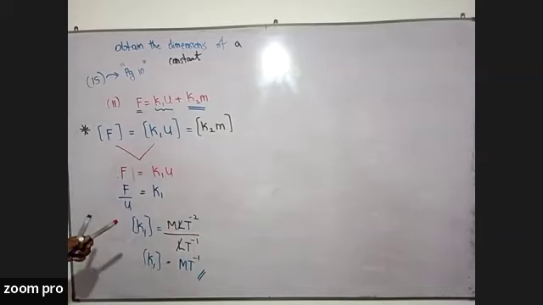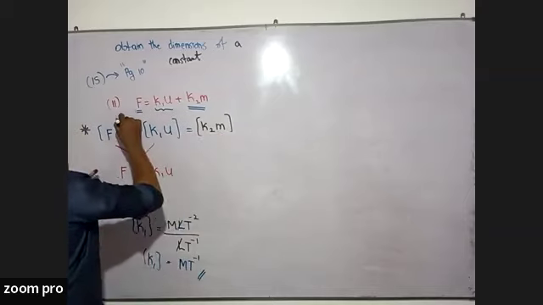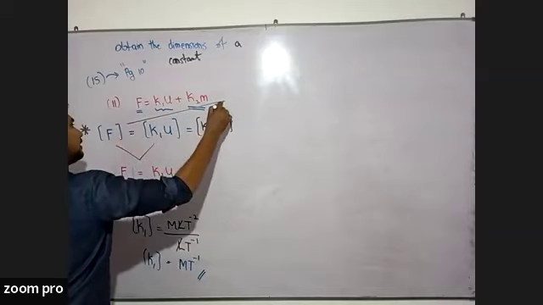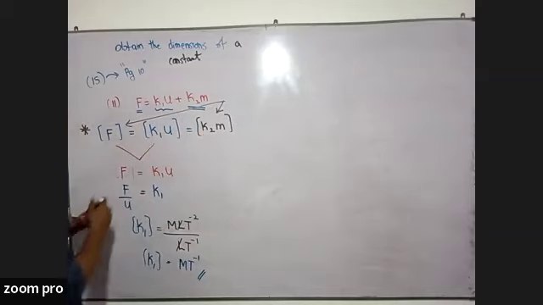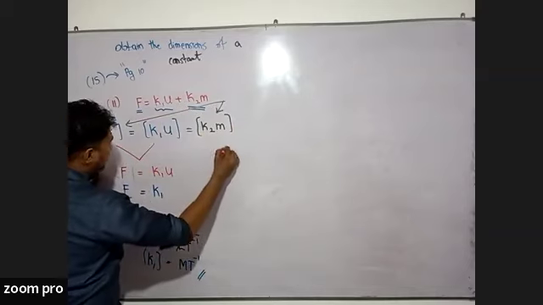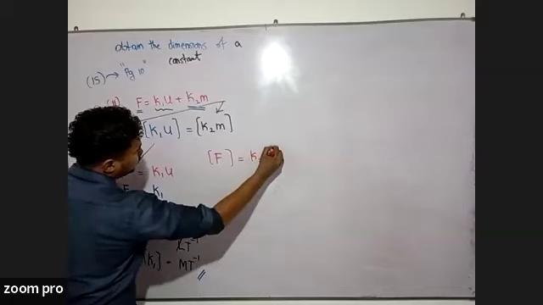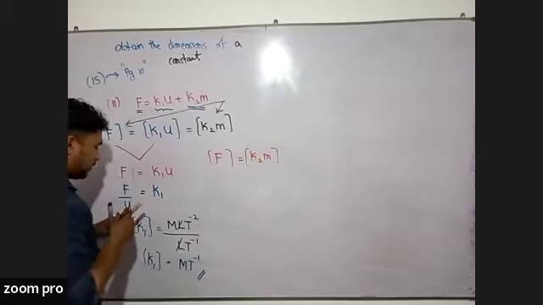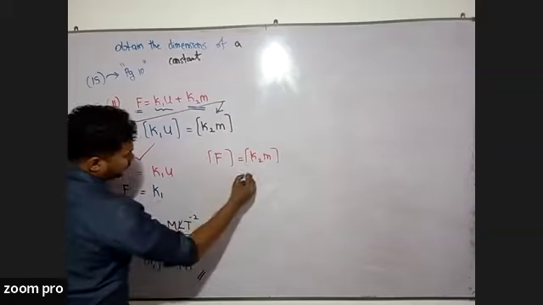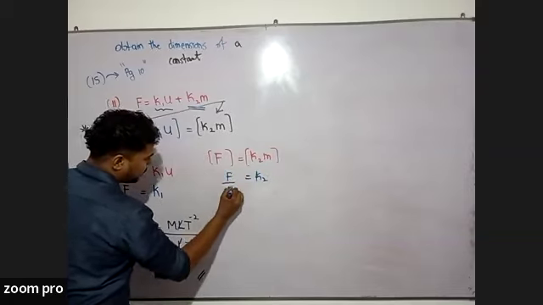Then let's consider the other two terms. Either you can equalize these two expressions also, but let's concern these two. According to this, the dimensions of f should be equal to the dimensions of k2m, right? So if I make k2 the subject, then k2 equals f over m, right?